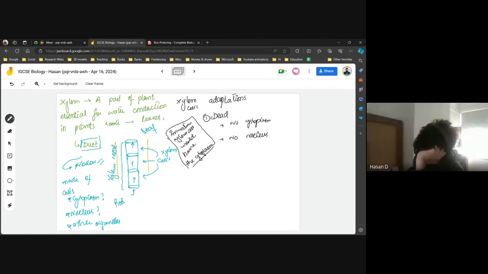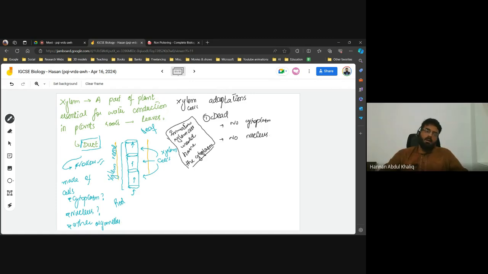But one more thing, if they are hollow, then isn't there a very big chance of water leakage?